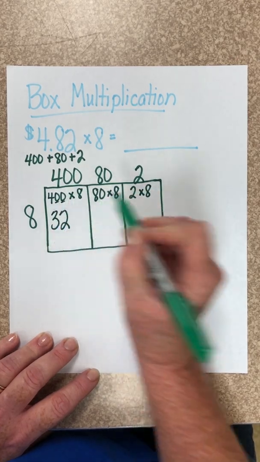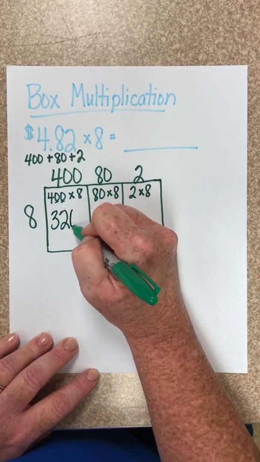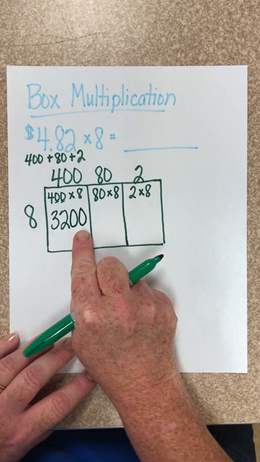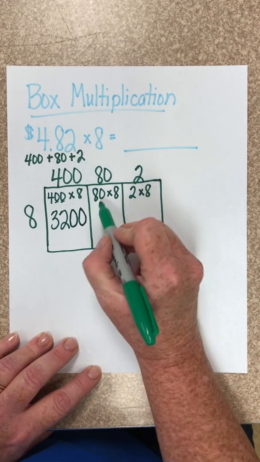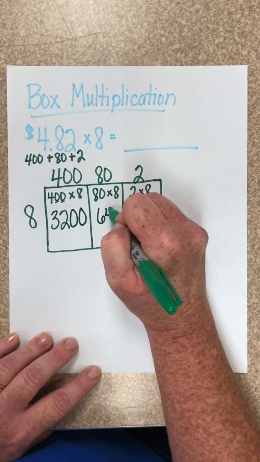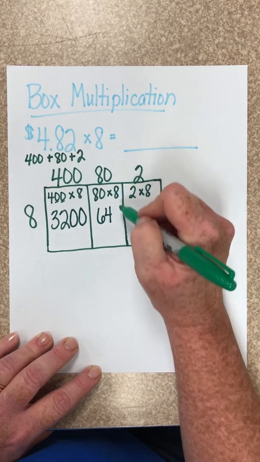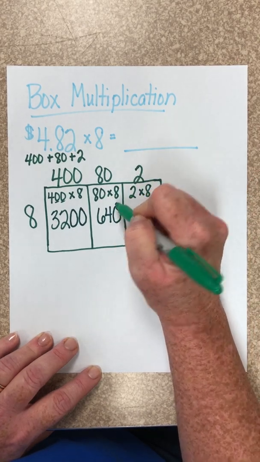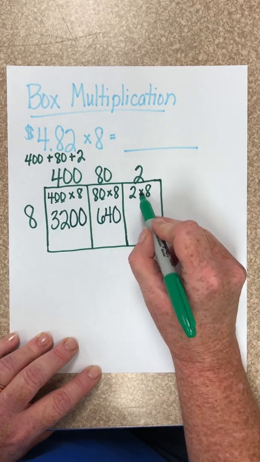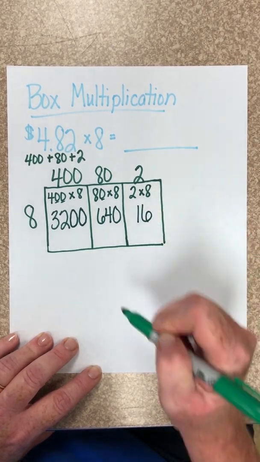But I have 2 zeros, so I'm going to bring those down. So I have 3,200. Now I'm going to take 8 times 8 and get 64 and bring down our 0 and get 640. And last, 2 times 8 is 16.